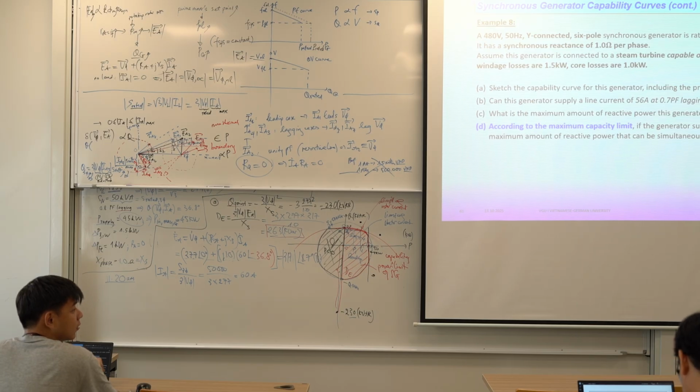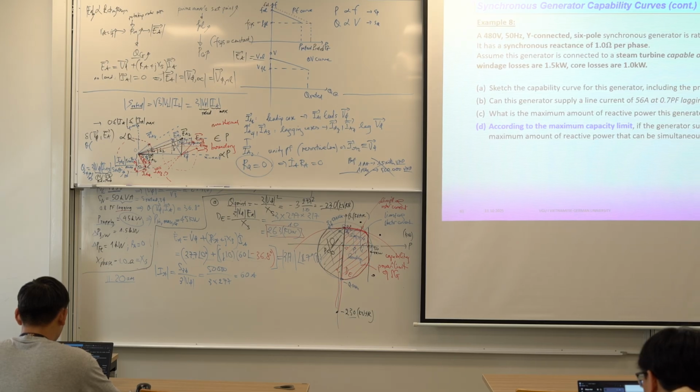How many? 45.1. And here, but maybe 22, right? Yeah, I guess, right? Okay, yes. So we just adjust the phase angle a little bit.